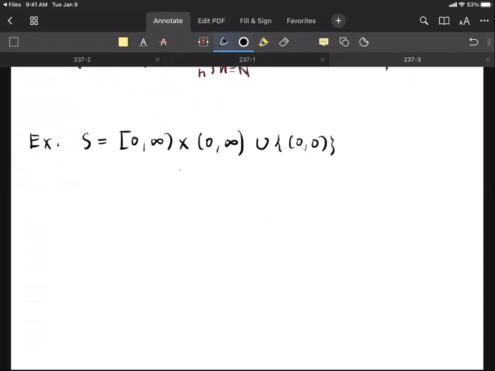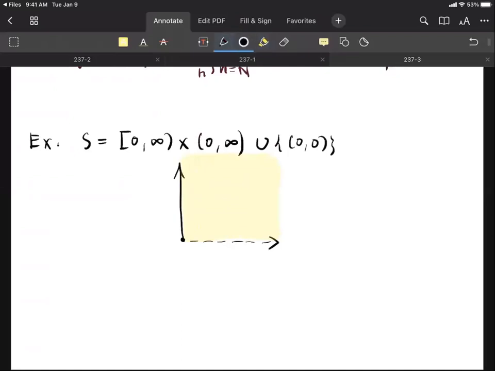So this would be this region here. You extend indefinitely upwards and then to the right.